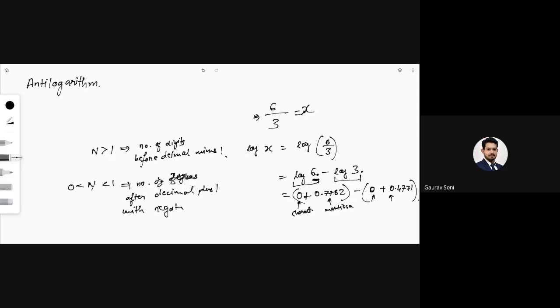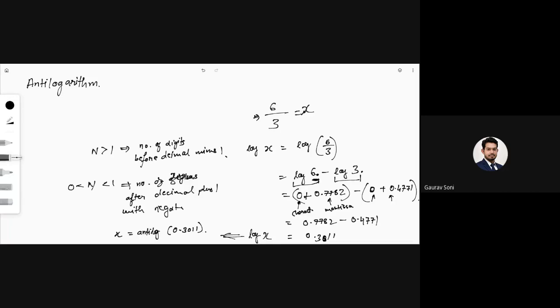Now what I have to do is 0.7782 minus 0.4771, and that is going to be 0.3011. 8 minus 7, 1, 0, 7 minus 4, 3. So log of x is this, right? Now x will be equal to the anti-log of 0.3011. Okay, clear up to this?